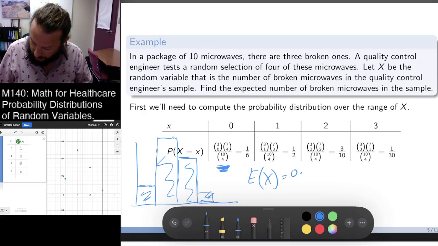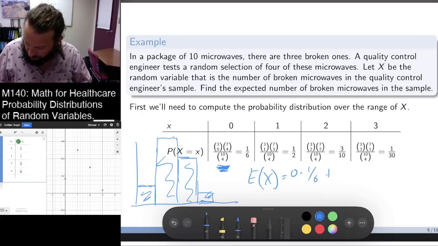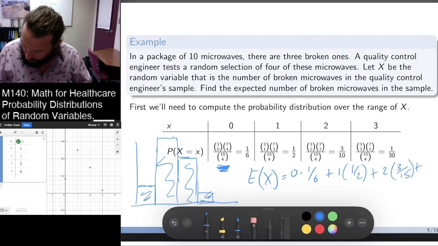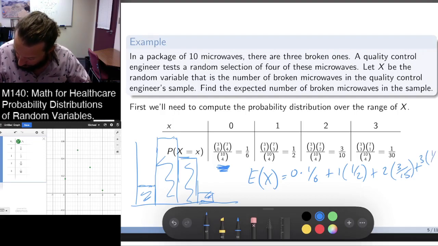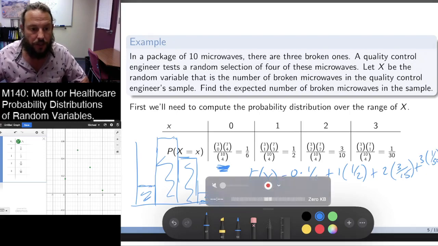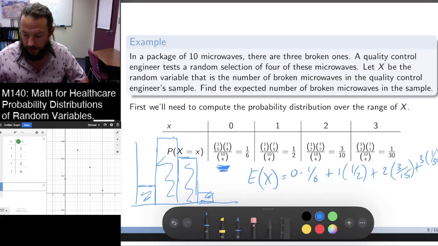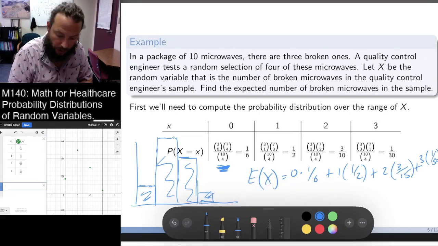So it's 0 times 1/6, plus 1 times 1/2, plus 2 times 3/10, plus 3 times 1/30. I just wrote 3 times 1/30 as 3. All right. And so I'm just going to quickly calculate this.